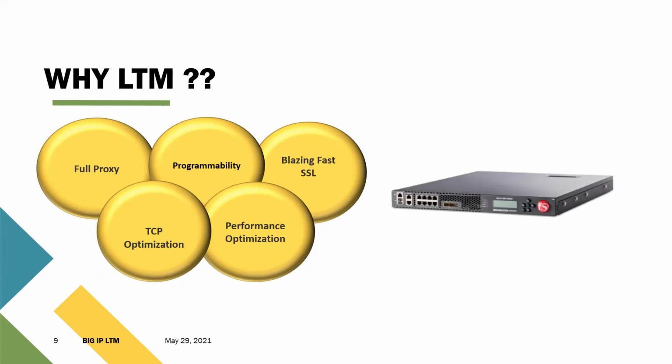Since these LTM devices come with a separate provision for SSL offloading, you can offload this task from the server to these LTM devices. So let LTM handle your SSL offloading, and let all the servers sitting behind this load balancer do what they are meant to do, right? So in this way, you get a very good response on SSL offloading.